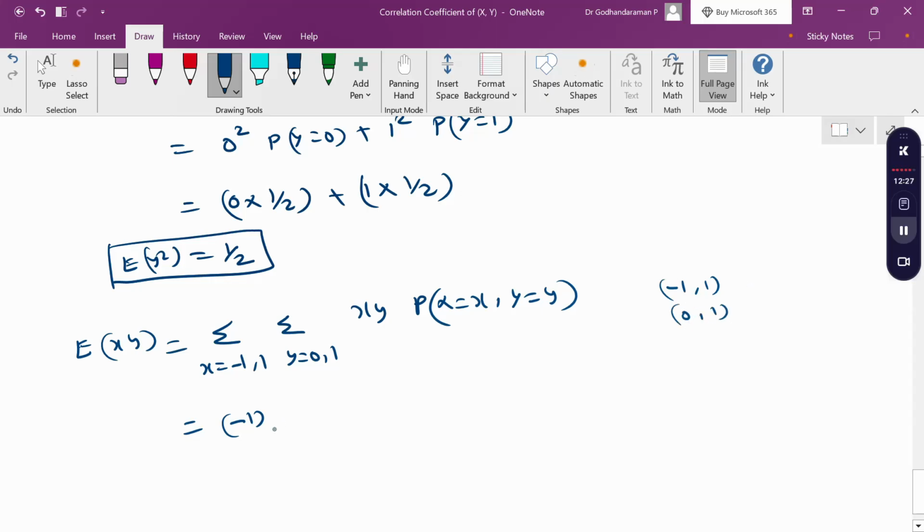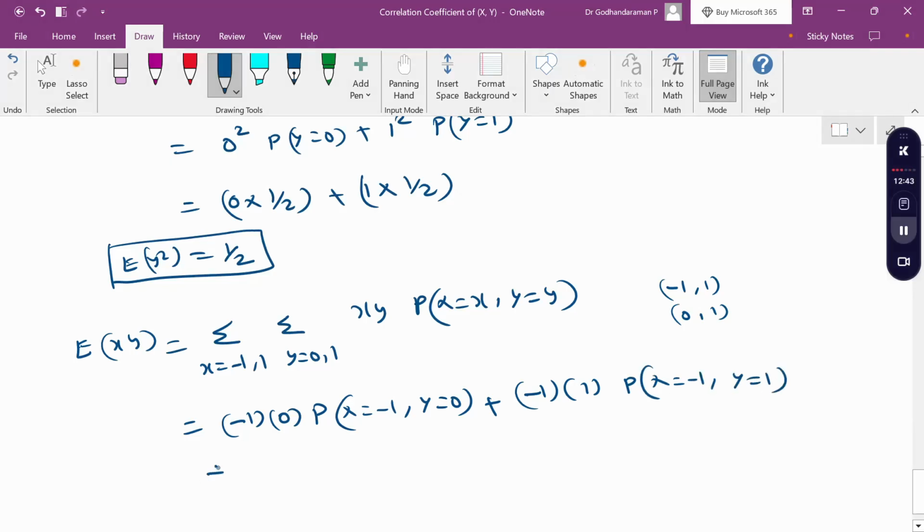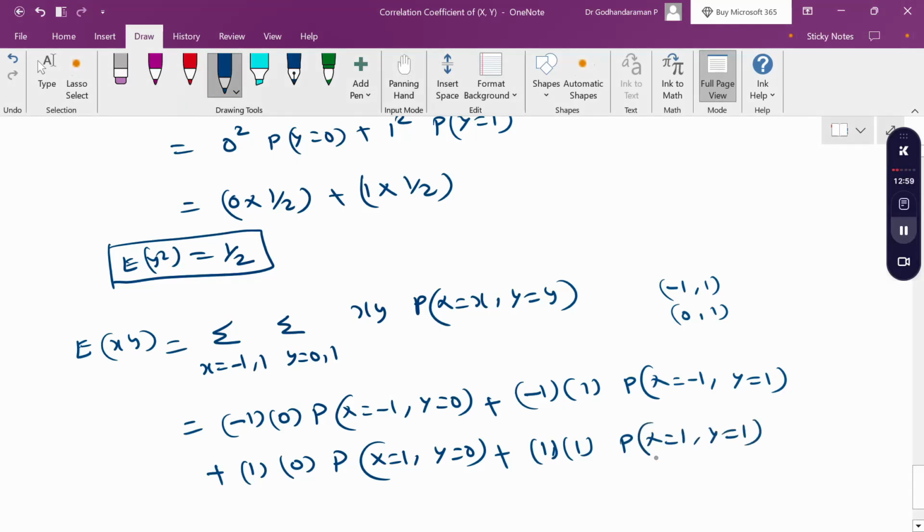So minus 1 into 0 for x equal to minus 1, y equal to 0, plus minus 1 into 1 for x equal to minus 1, y equal to 1, then plus 1 into 0 for x equal to 1, y equal to 0, plus 1 comma 1, that is x equal to 1, y equal to 1.